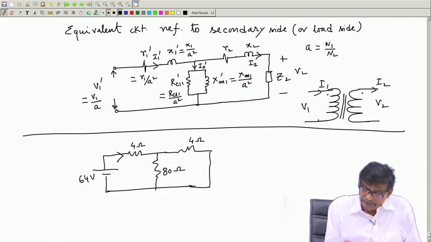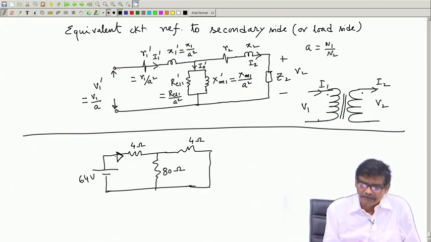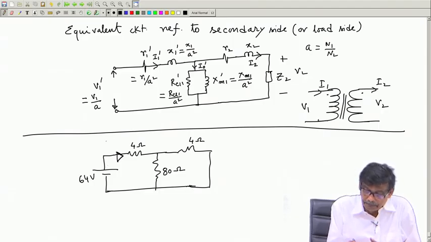But suppose you are a very practical engineer, you will be happy to know what will be the current drawn from the battery, and I will sacrifice some accuracy. I will say that this current will be, you solve it, 64 by 8 ampere.